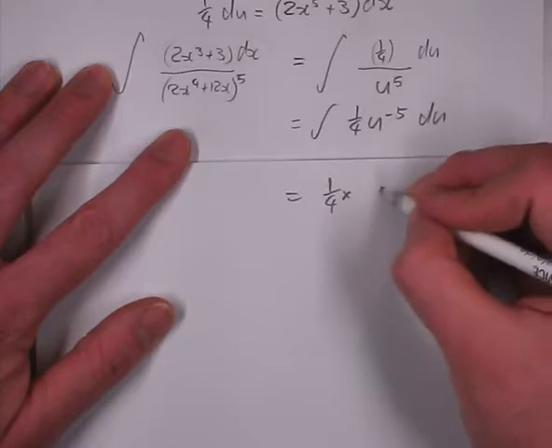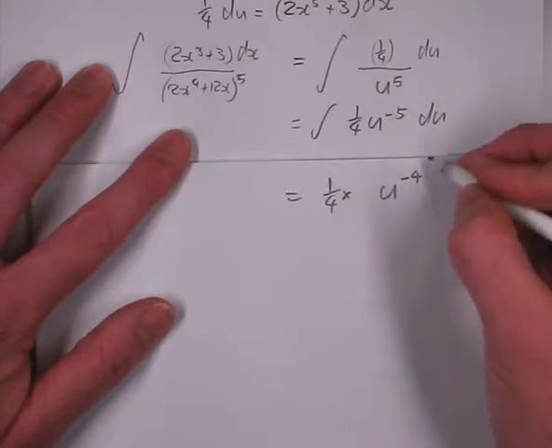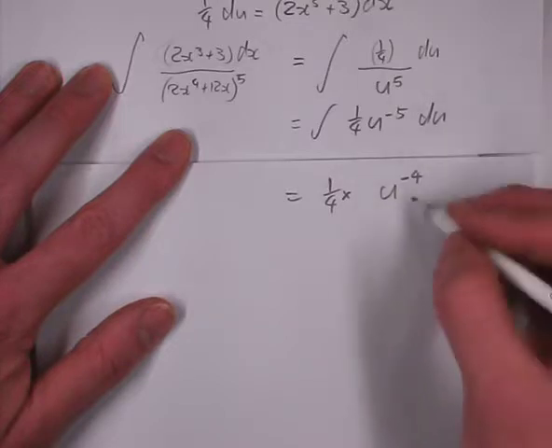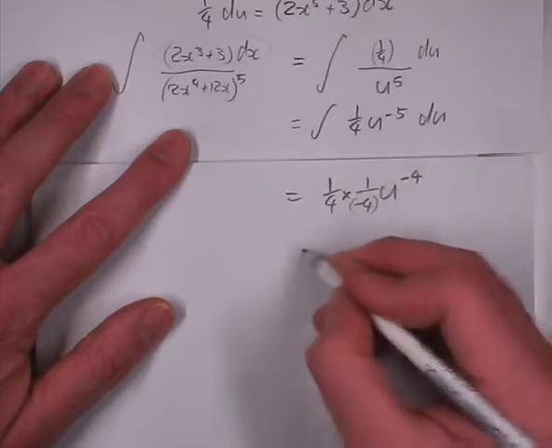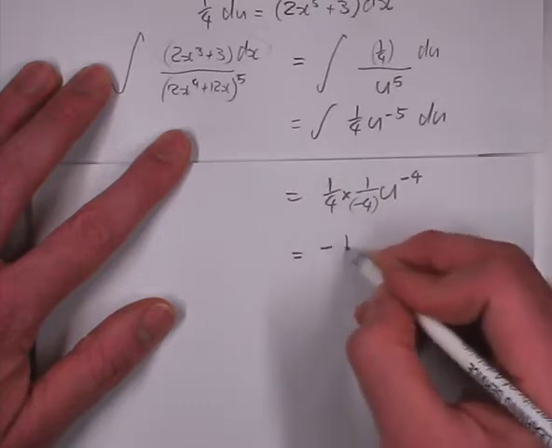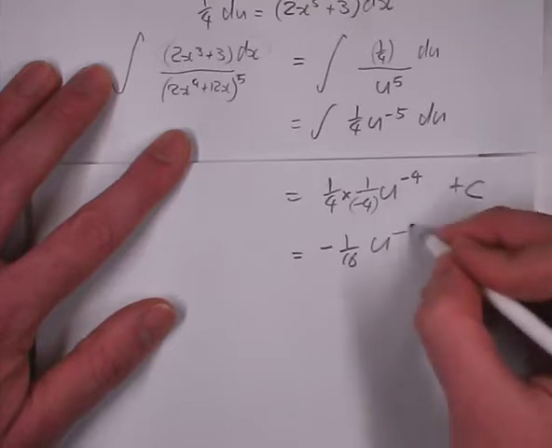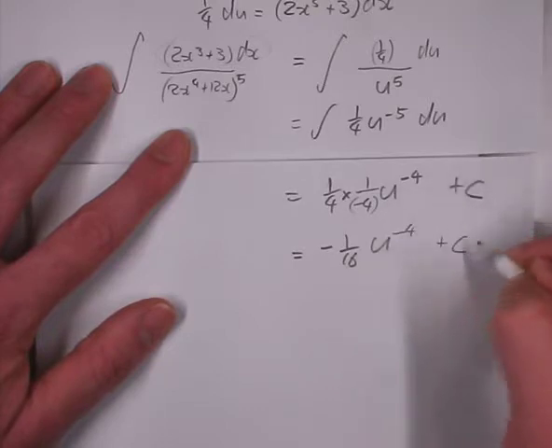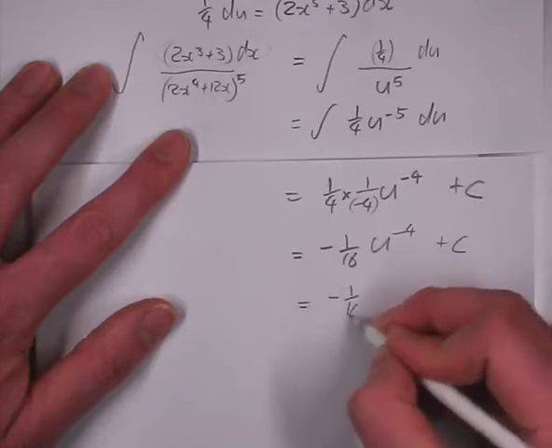The u to the minus 5, I'll go up by 1, which will take it to minus 4, because that's what you go up from minus 5, and I'll divide by my new power. And so it looks like I get minus a 16th of u to the minus 4 plus c, which is, now what was u?